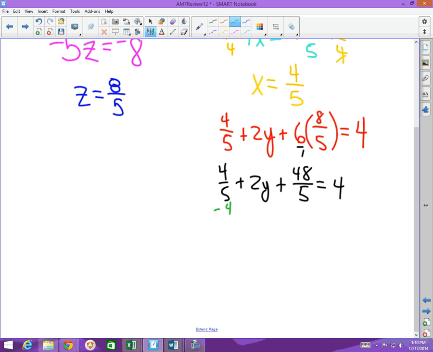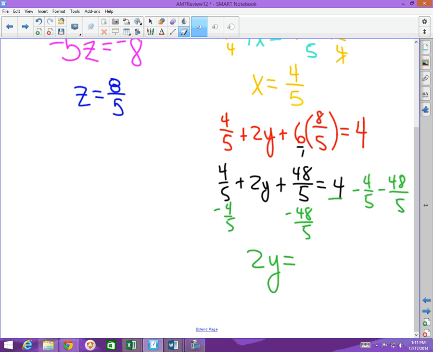So we're going to subtract 4/5 and subtract 48/5. So 2y is going to equal, and 4/5, or 4, is the same as 20/5. So 20 minus 4 minus 48 is going to be negative 32/5.